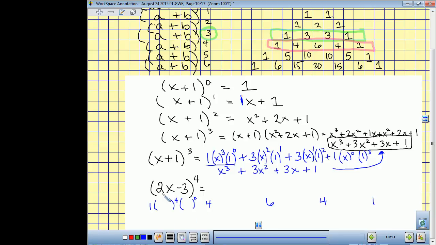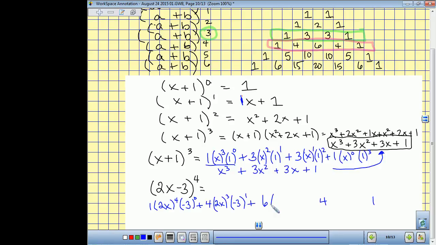Okay, we take the first term and raise it to the 4th power. The second term and raise it to the 0. Now that first term gets raised to what power? Third. So the 2x is now raised to the 3rd power, and the negative 3 is raised to the 1st. Plus, I'll move my 6 over a little bit.